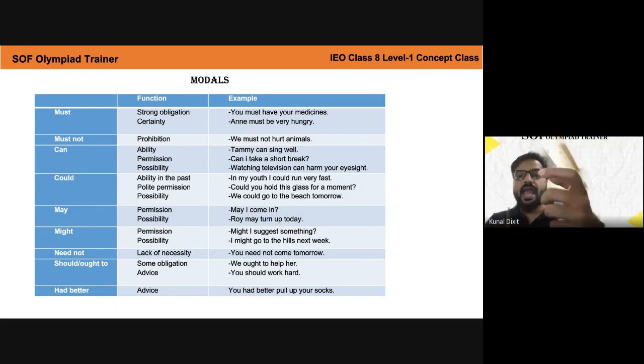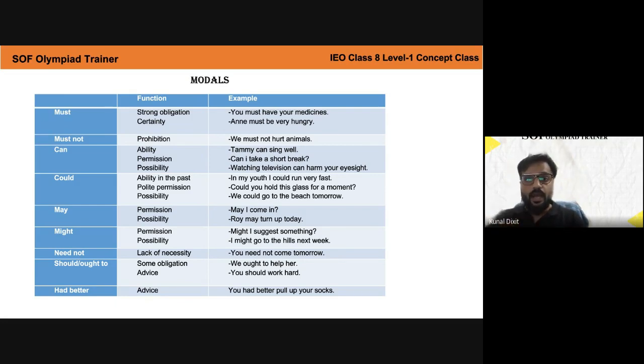Senthimil can clear IEO level 1. I am expressing ability here. Are you getting the logic here? I'm talking about ability. What someone or something can or cannot do is about the ability, right? So when you are talking about ability, we use the word can.